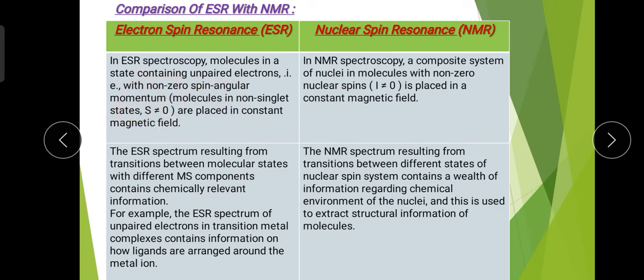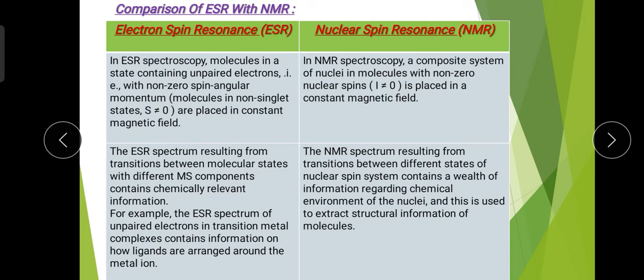That means there must be a sample with unpaired electrons. So the non-singlet state, that is S is non-zero, means the total spin in that sample is non-zero, so this sample must have spin angular momentum. This is the condition for ESR resonance.